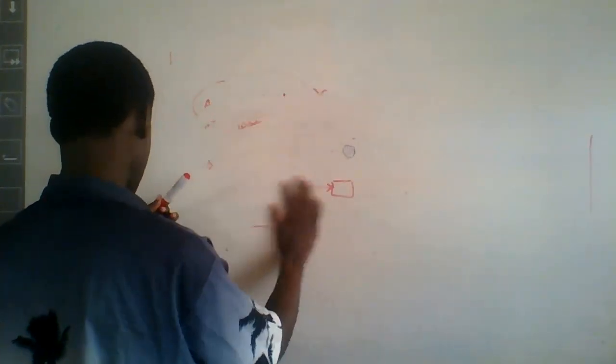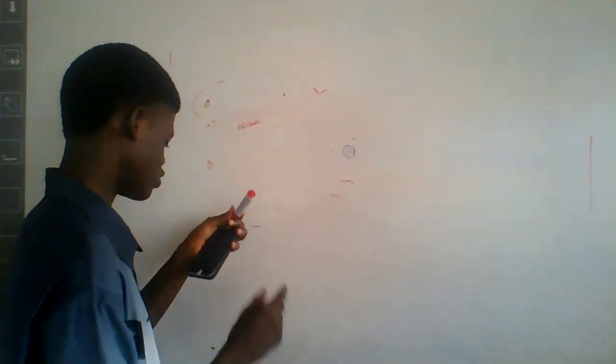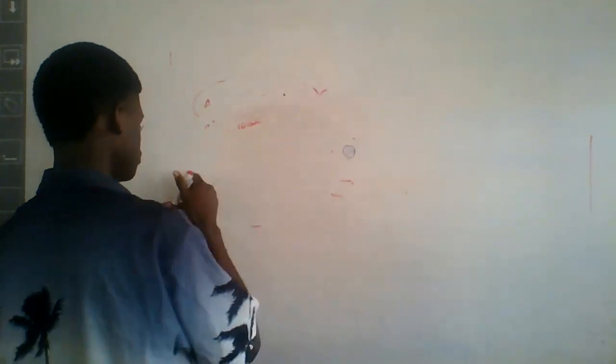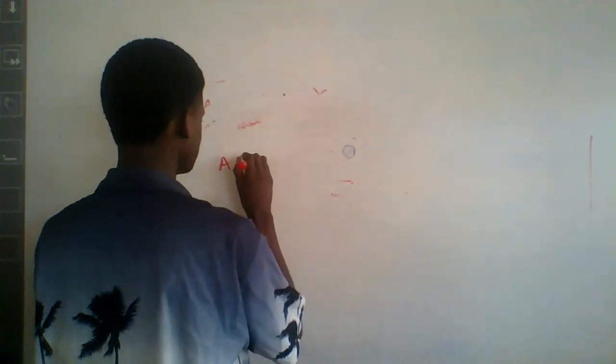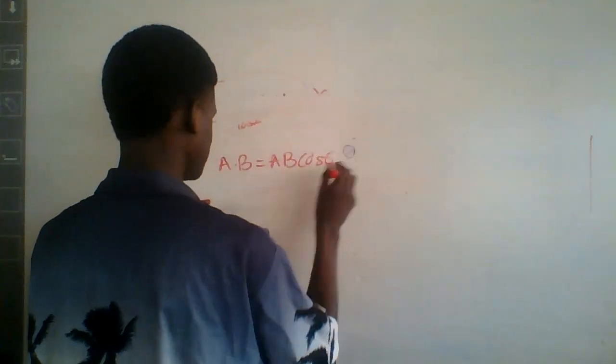So question number 8 says the dot product of two non-zero vectors is zero when the angle between them is. We all know that A dot B is equal to AB cos theta.